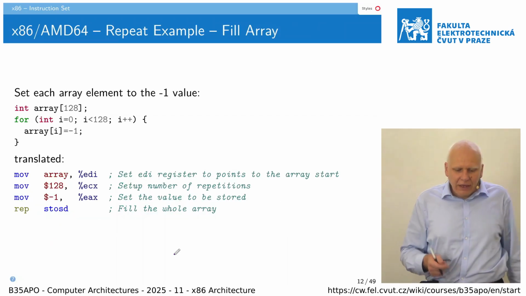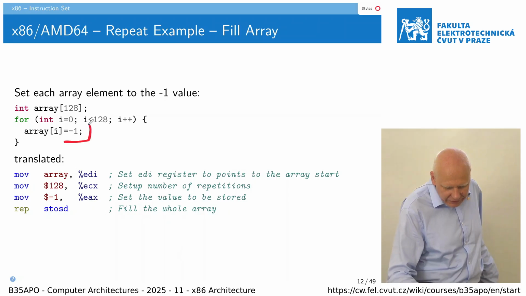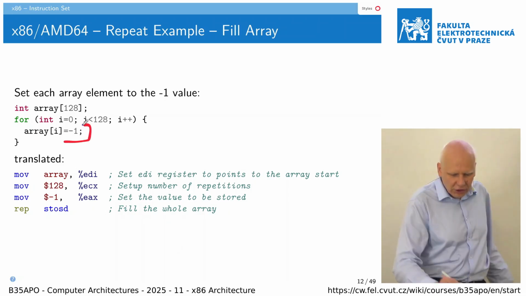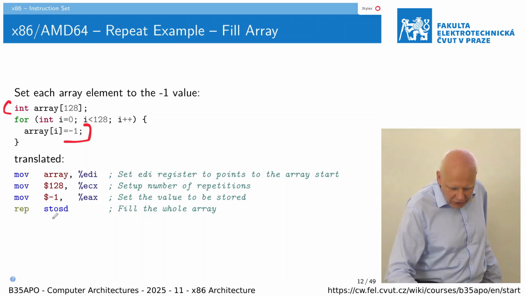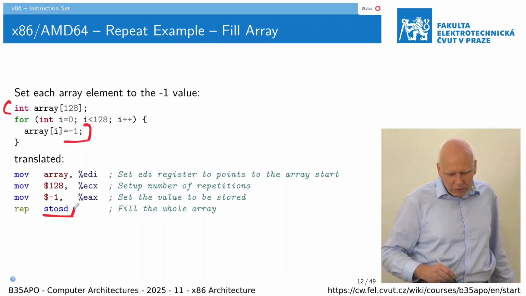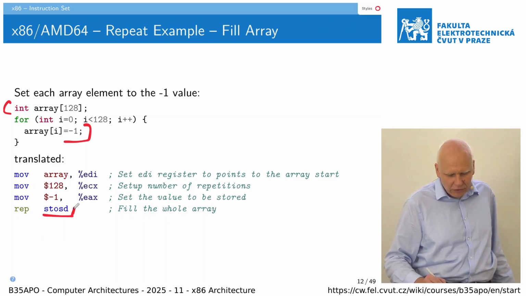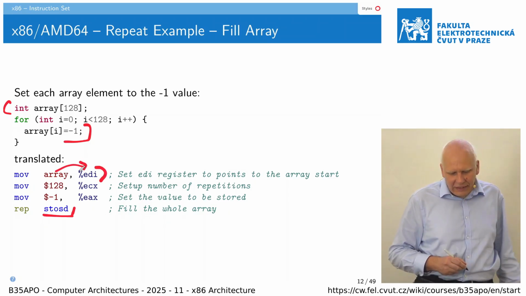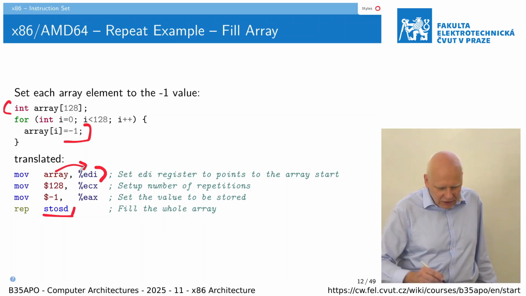So, there is an example of how you can fill a whole array with -1. We have an integer array, each location is 4 bytes wide. So it is store double word, which in this case means a 32-bit value. You specify that the start of the array is set in the EDI register.